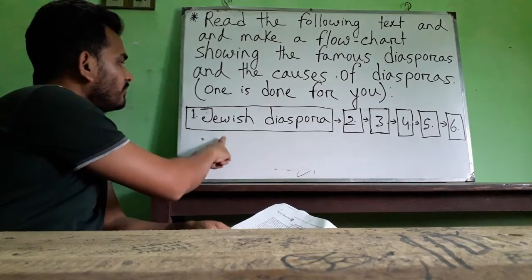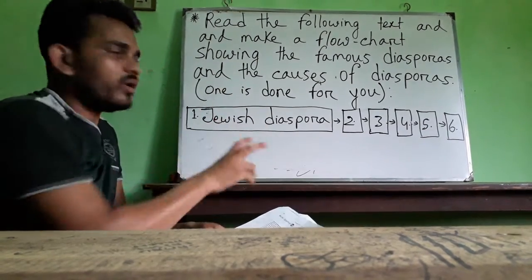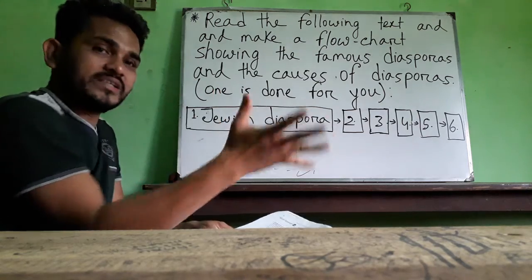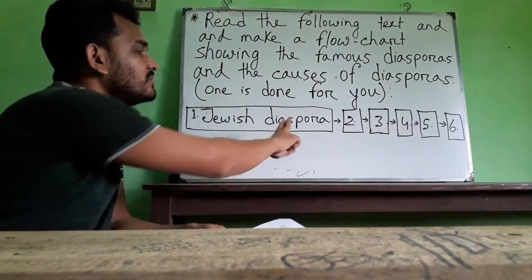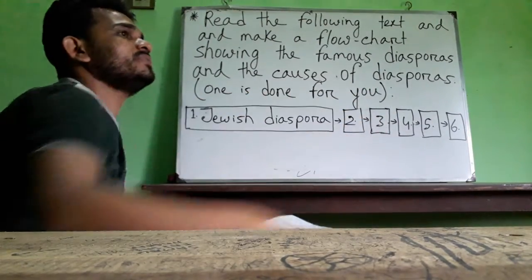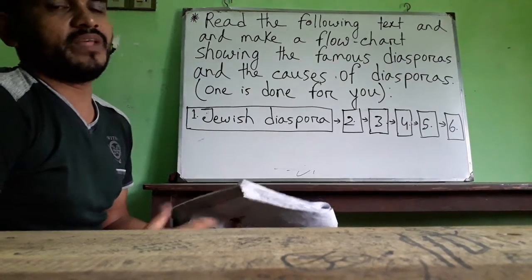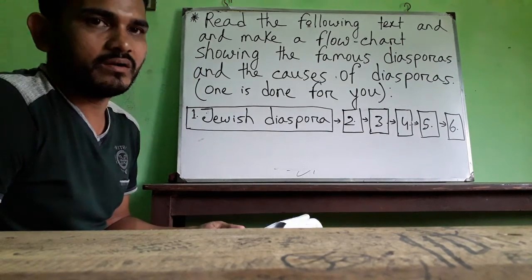Okay, if the writing in the first box is to plus V1, that means infinitive, the writings for the next boxes will have to be in infinitive, that means to plus V1.